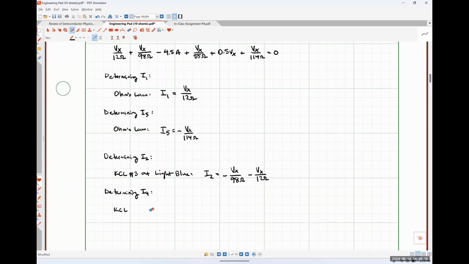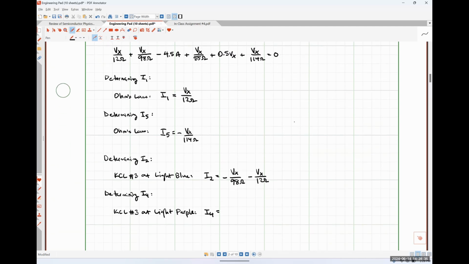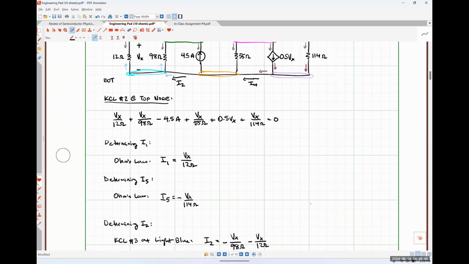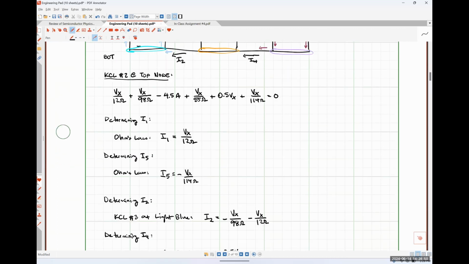Oops, sorry, KCL number 3 at light purple is going to look like I4, so that's the current flowing out. The current flowing in from the dependent source is literally just 0.5 Vx. And the current flowing in to the light purple node through the 114 ohm resistor is just going to be Vx divided by 114 ohms from Ohm's law.